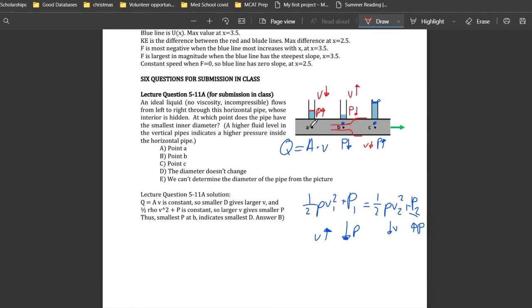So if velocity increases from point A to point B, that must mean that, according to the flow rate equation, the cross-sectional area would decrease, which would then mean that the diameter of that tube decreased as well.